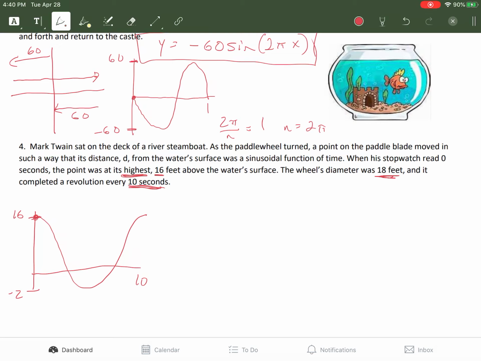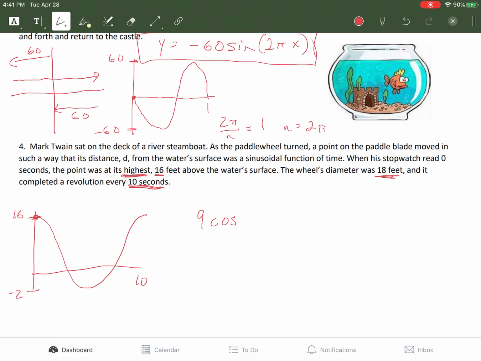If you do the distance between 16 and negative 2, it's going to be 18 total. And then 18 divided by 2 is 9. So our amplitude is going to be 9. There's your cosine. It's positive because it starts up top.